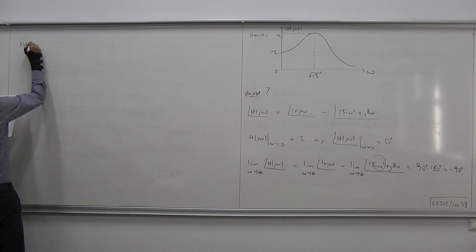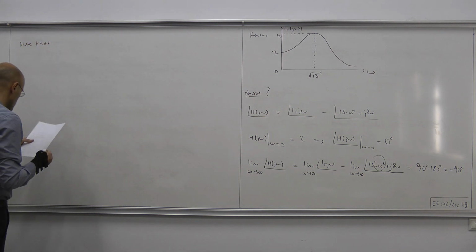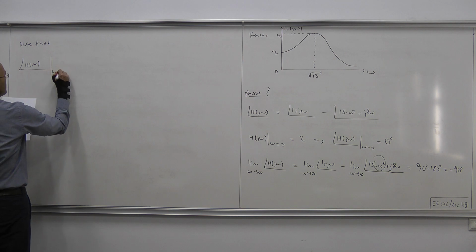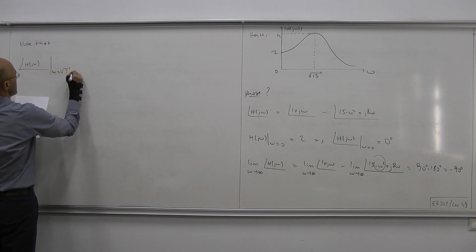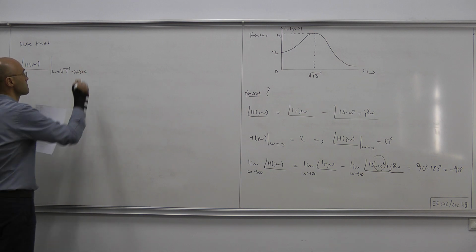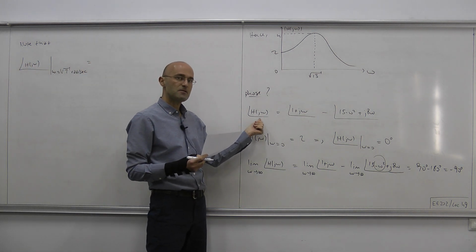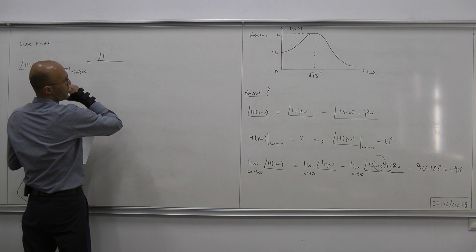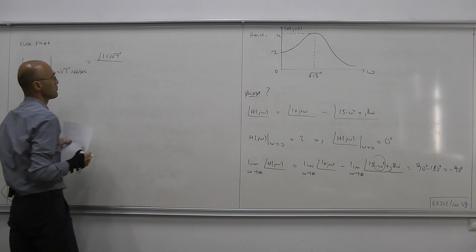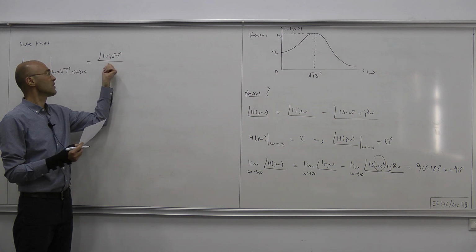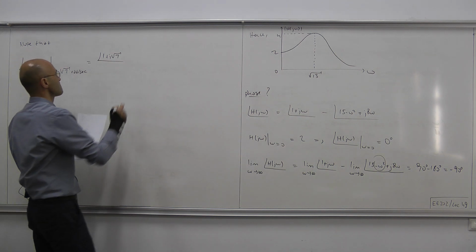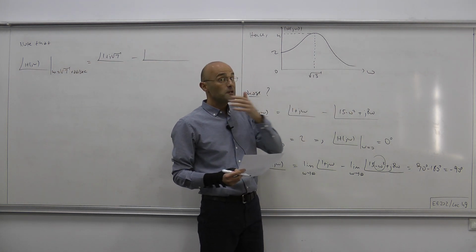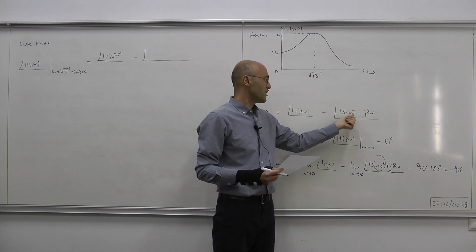H(jω) at frequency square root of 7 radians per second: here we have 1 plus j square root of 7, the phase of this coming from the numerator, minus the denominator. If ω equals square root of 7, ω² is 7, and 15 minus 7 produces 8.